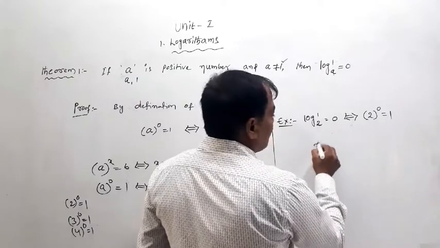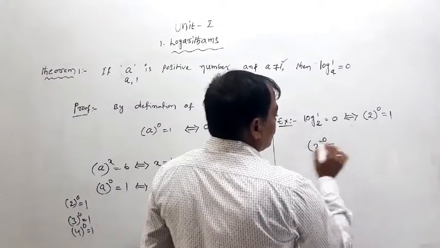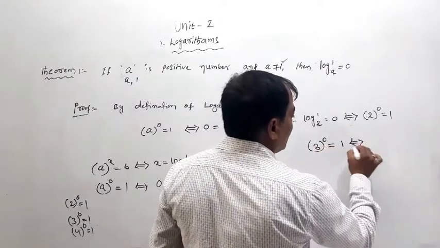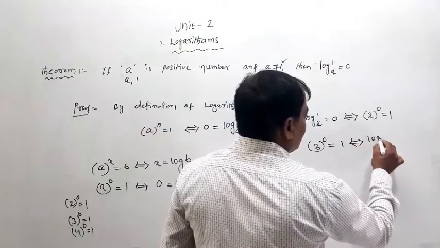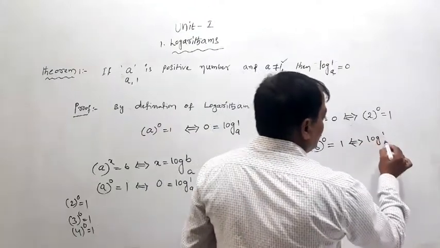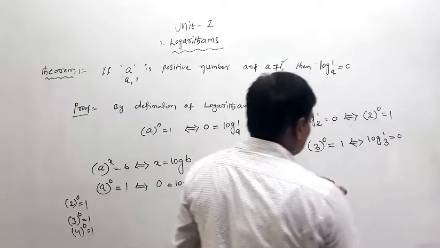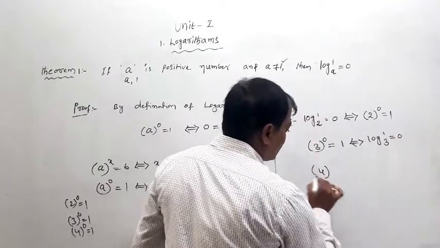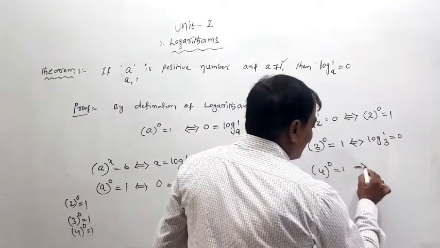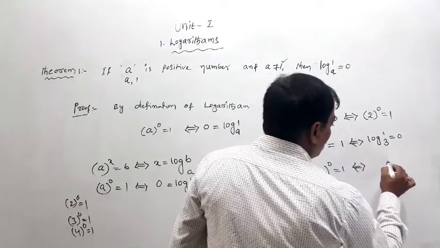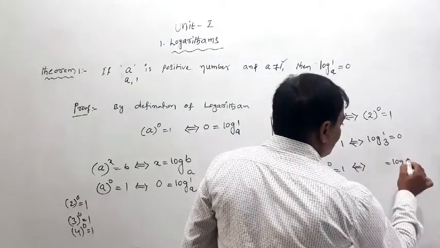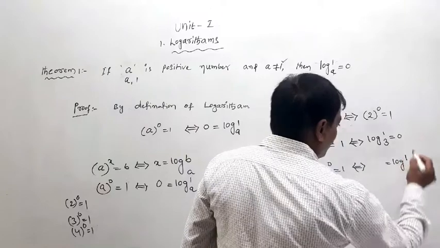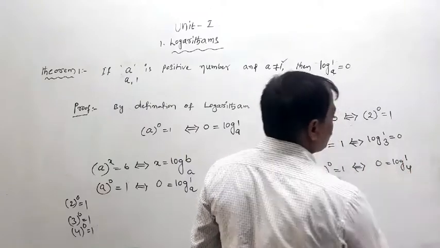And 3 to the power 0 equals 1 if and only if the logarithm of 1 to the base 3 equals 0. Simple thing. Now 4 to the power 0 equals 1 if and only if the logarithm of 1 to the base 4 equals 0.